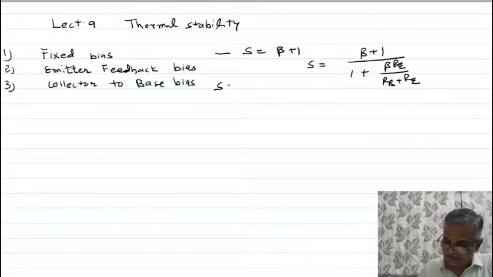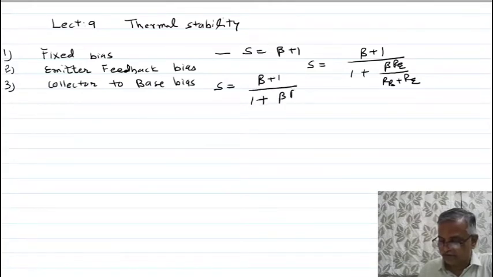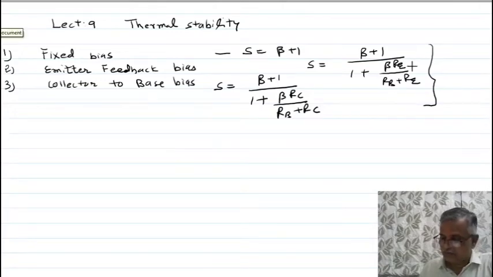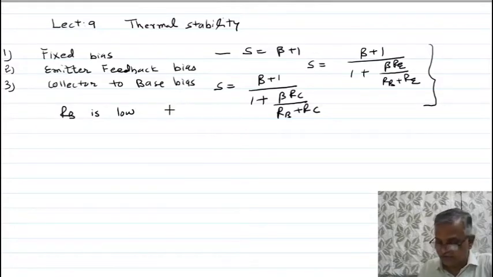And in a collector to base bias we have seen the stability factor (1 plus beta) upon (1 plus beta Rc upon Rb plus Rc). These equations show that, as we have already discussed, if the base bias resistor is low, then stability of the circuit is good, that is the value of S will be low.